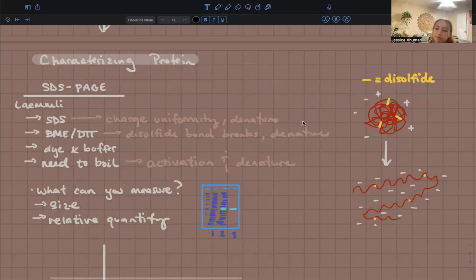So if we did not denature, then we would end up with proteins of the same size, but still at different heights in the gel, basically. Okay. So standardizing the shape and the charge is very important. Okay.